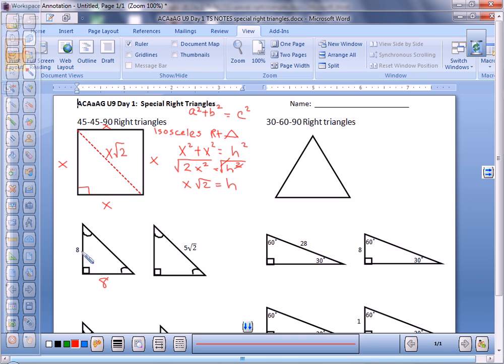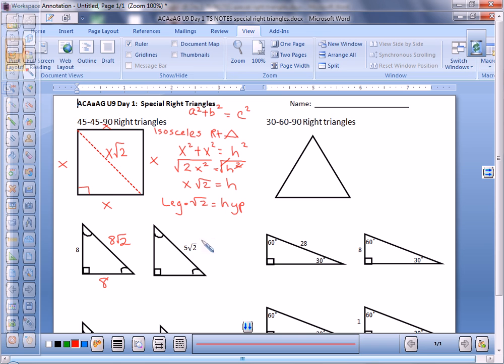So in this example, if one leg is 8, the other one has to be 8, and the hypotenuse would just be 8 times the square root of 2. Always. On a 45, 45, 90 right triangle, it's x, x, x root 2 is our pattern. Whatever the legs are, you just multiply by the square root of 2 to get the hypotenuse.